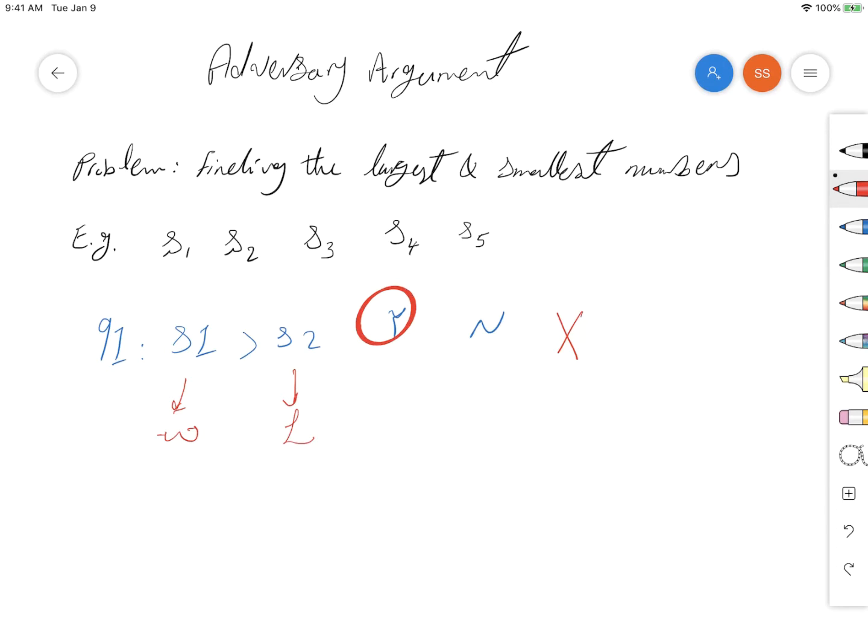We are not aware of their status. We haven't compared them with any other numbers yet. So at first we start with x, then we compare. If S1 is greater than S2 and the answer is yes, we change the status of S1 from x to W, and we change the status of S2 from x to lose, or L.